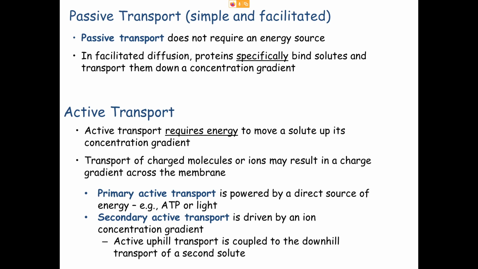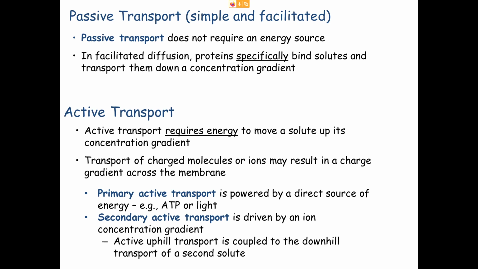What we mean by primary active transport is it uses the power source directly, such as the hydrolysis of ATP, or the hydrolysis of UTP, or a photon of light, or some direct power source is primary active transport. What secondary active transport is, it takes the results of a primary active transport's work.